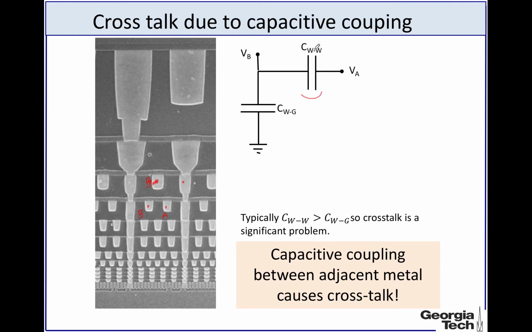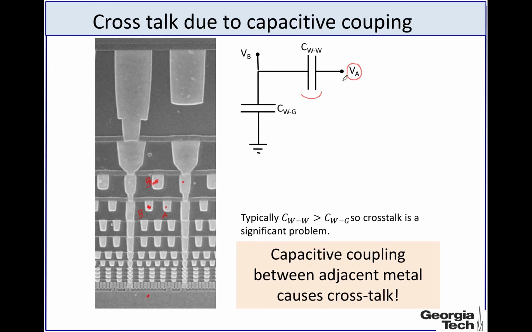The WW stands for wire to wire capacitance. And let's say there is another capacitance from here to the ground, called CWG, basically wire to ground capacitance, the capacitance between this line over here and the semiconductor. So this is a very simple representation, and what we want to see is how the change in the voltage at line A causes a change in the voltage at line B.